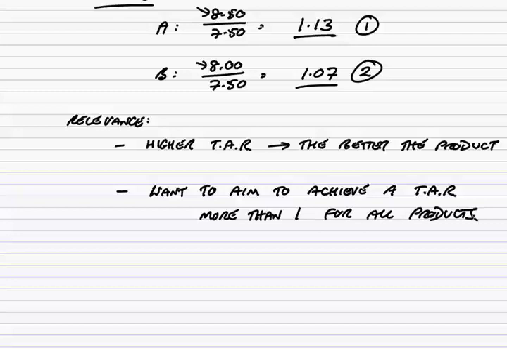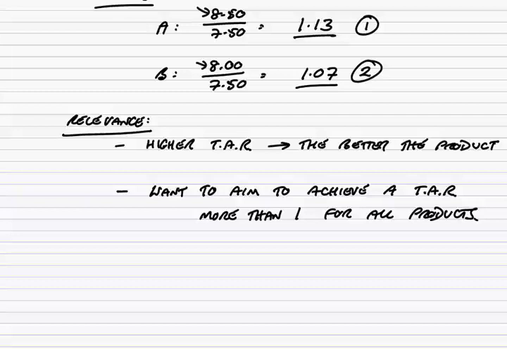We know we're not capable of making A alone, the best one. We're going to have to make some B, and if there were more products, maybe we'd have to make some C, and so on. But ideally, you'd be trying to achieve that all your products were giving a ratio of more than 1. Now, I'd better mention, although don't worry too much, but it will have occurred to some of you.